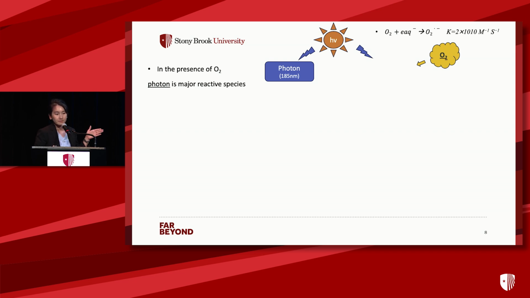At the same time, we increase the pH, which increases the hydroxide ion concentration. We know that hydroxide ion is capable of absorbing the vacuum UV 185 nanometer light, so increasing the pH will decrease the photons in the system.